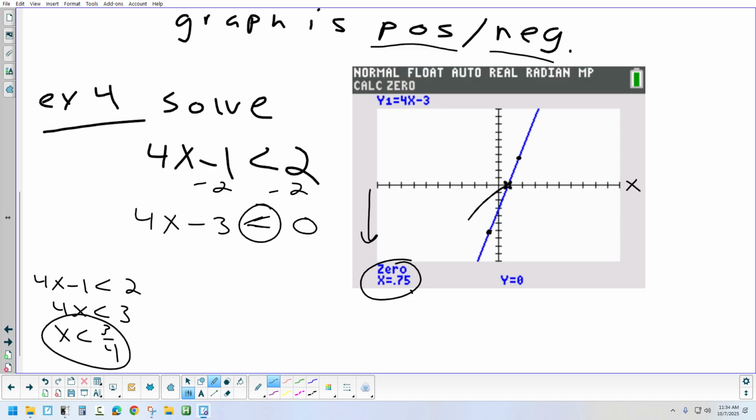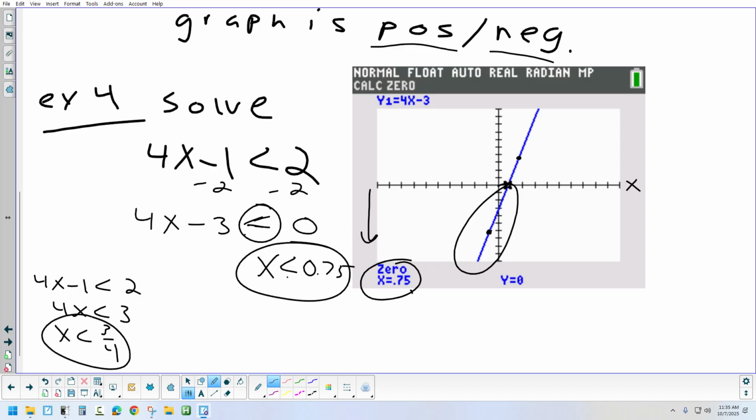So they're interested in this part of the line, which means you need to pick values that go to the left. Anything less than 0.75. If this was a greater than symbol, then this would have been a greater than symbol in my problem. So that's all you have to do to solve it with a root.